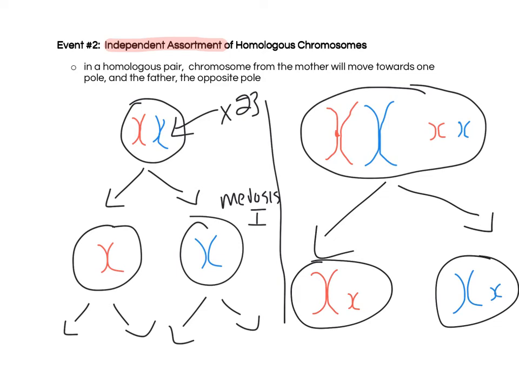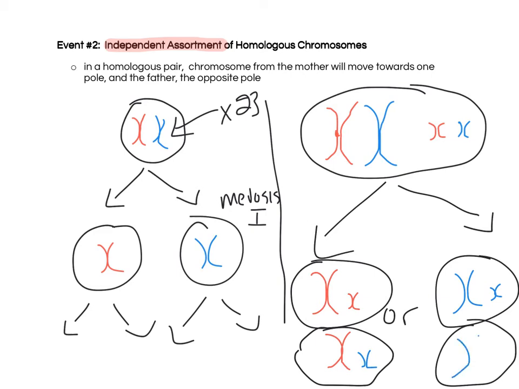But it's also possible instead to have big red go with little blue. That would be another possible combination in terms of the way that they could sort themselves out. And by the same token, I might end up with big blue and little red.